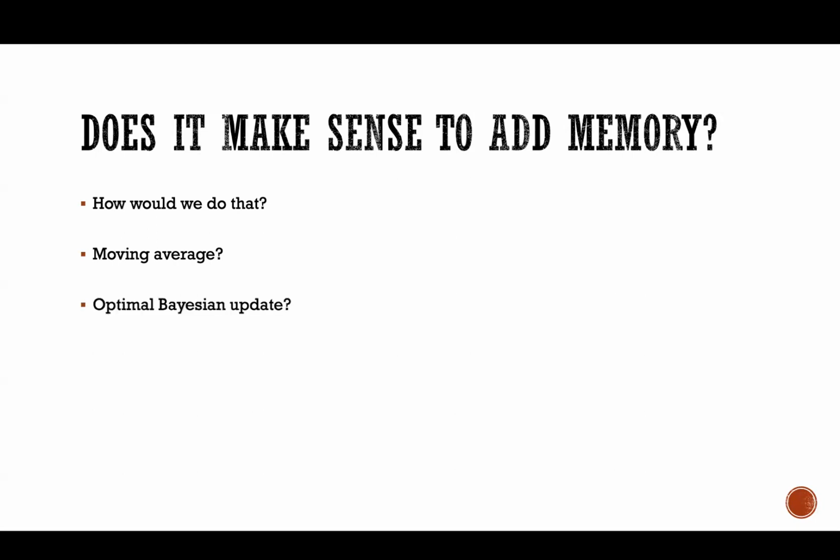Or we could do an optimal Bayesian update, right? Given your previous rate and what I see now, how do I combine these 2 pieces of information, giving them equal weight? Or a weighted Bayesian update, which are all things that we will cover later in the course, where you might give more weight to the past than to just the last trial, because there might be noise in trial by trial choice.